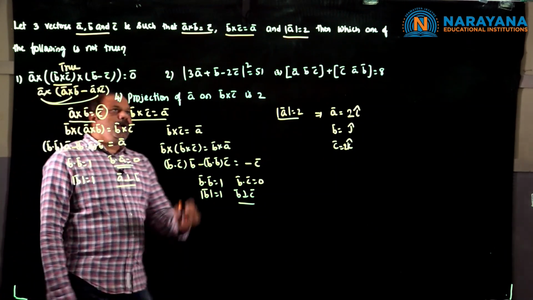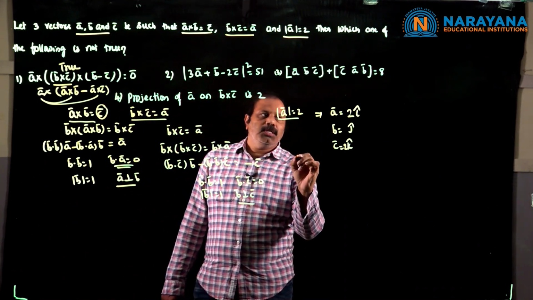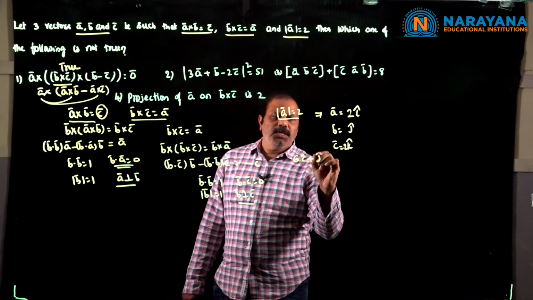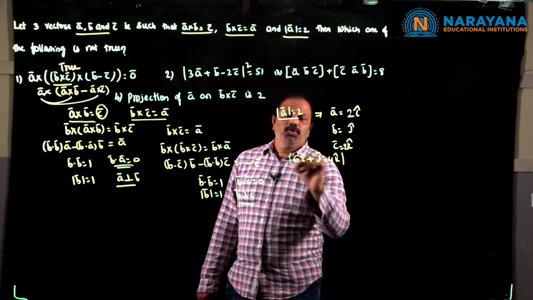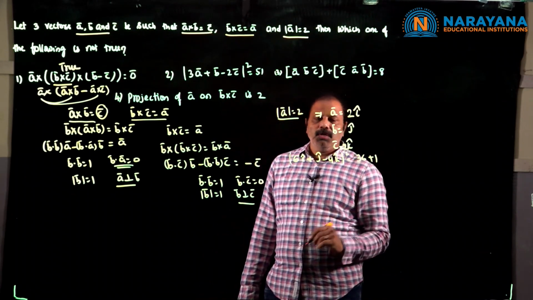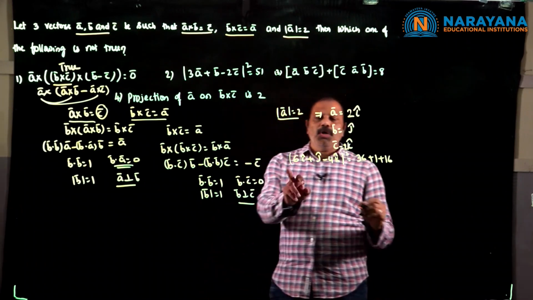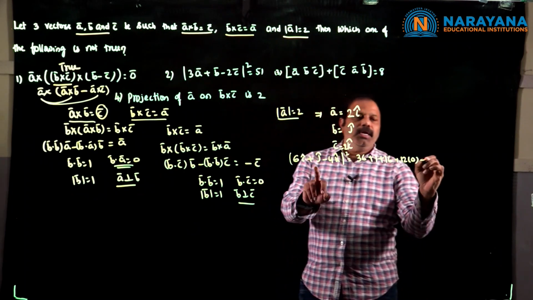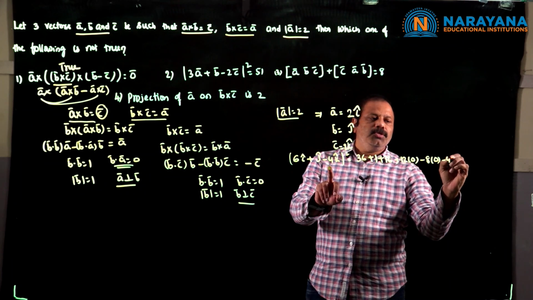Now, (3a bar plus b bar minus 2c bar) whole squared. What is 3a bar? This is nothing but 6i cap, plus b bar means j cap, minus 2c bar means minus 4k cap, whole squared, will be equal to 36 plus 1 plus 16 minus 12 times 0 minus 8 times 0 minus 48 times 0.